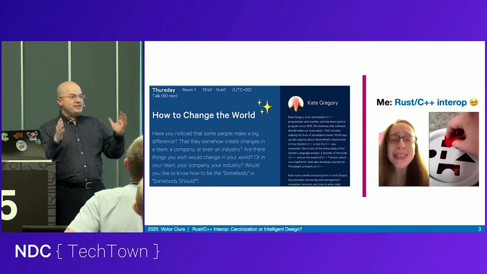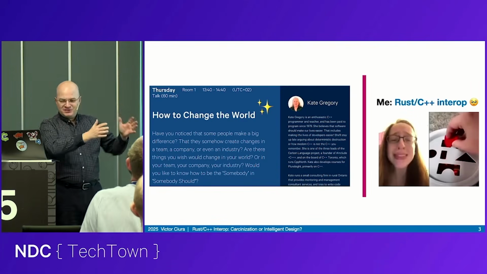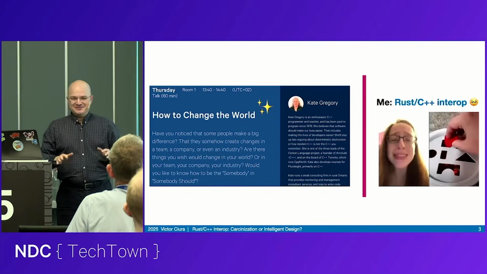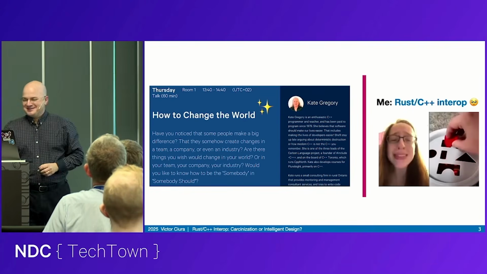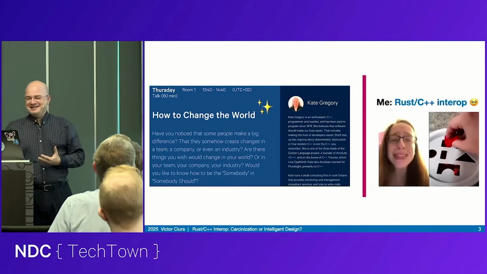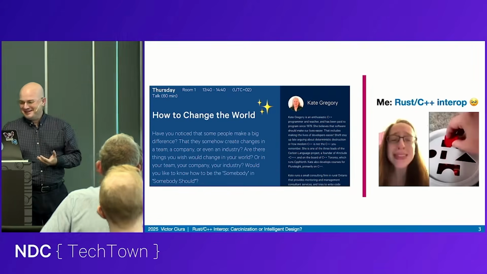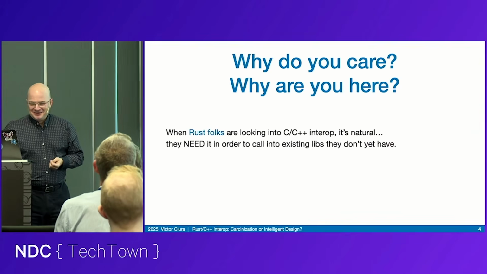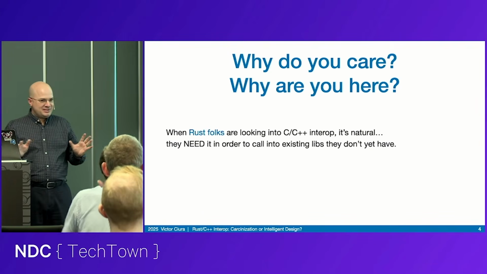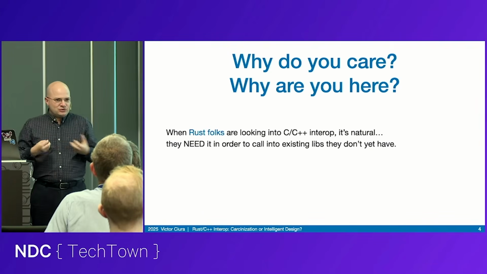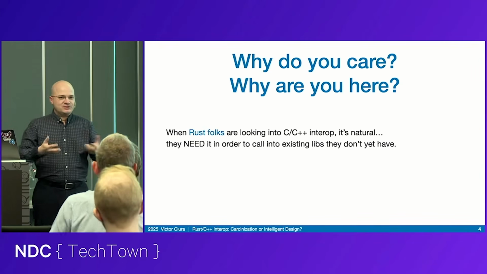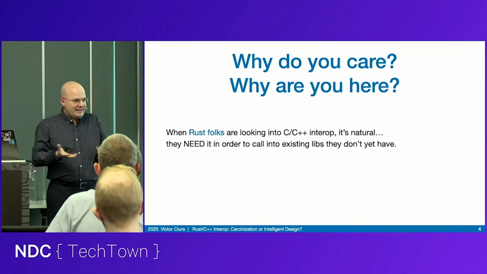I know there's literally a talk in the other room promising you that you can change the world. So if you came here, you know why you did. You came for some pain. You didn't come to change the world. Let's face it. In general, when Rust folks are looking into C++ or C interop, it's more or less natural because they need to call into some library or some functionality that they don't yet have natively in Rust.